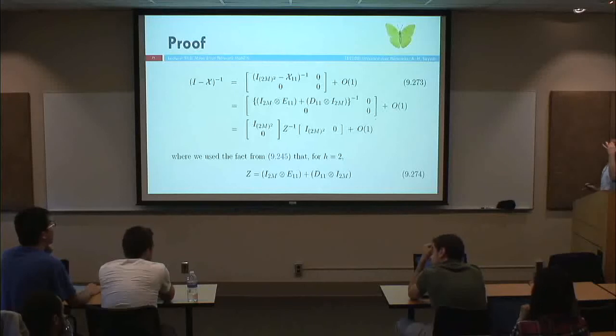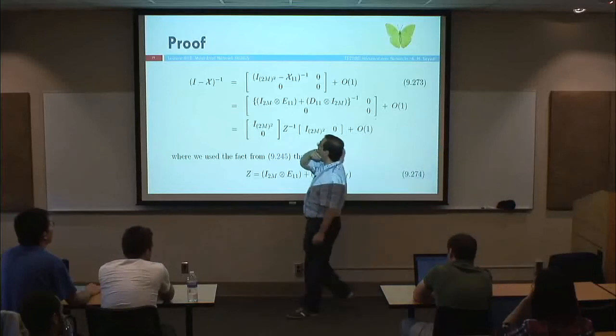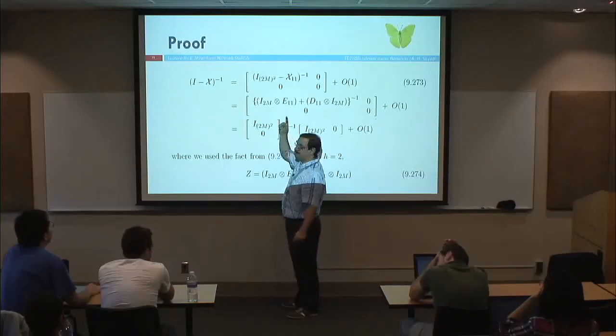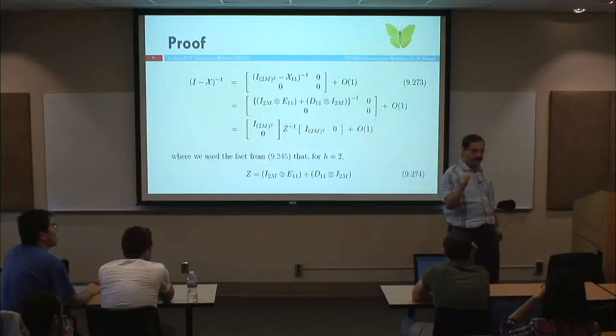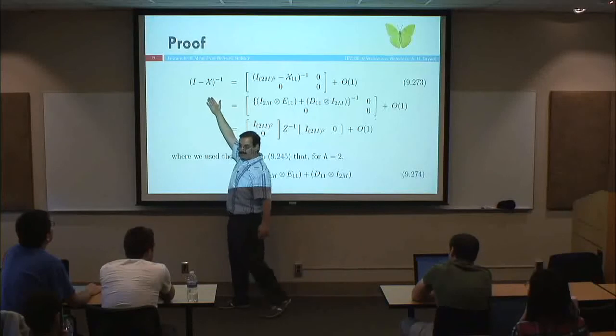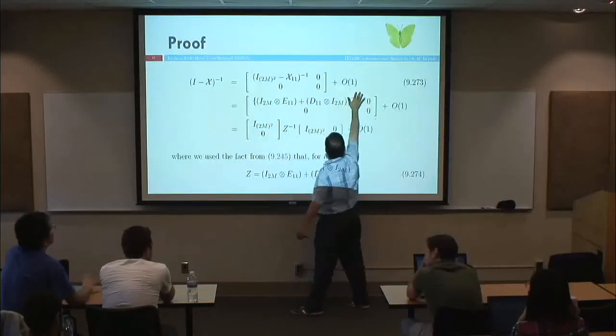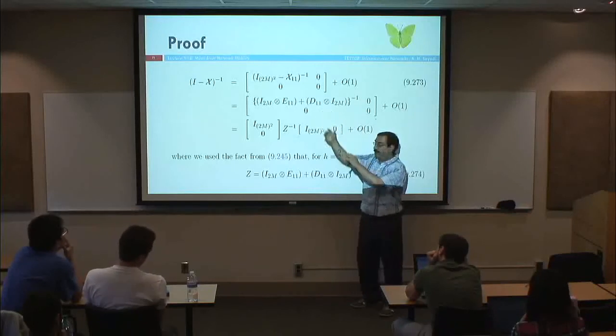Now, what about the approximation? Well, when you apply the block matrix inversion formula to this inverse, this is a 2 by 2 block matrix. You'll get something plus a correction term. That term is of the order of 1. That additional term will be of the order of 1.